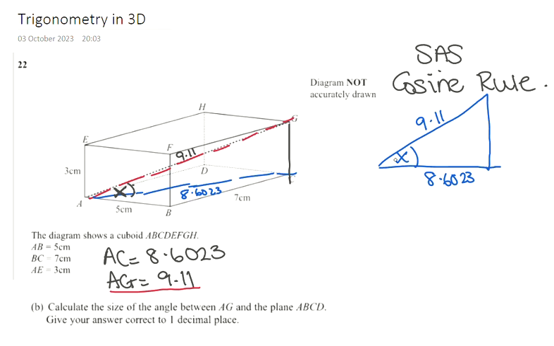So what do we know? Opposite. So we're going to label this A, B, and C, little a, little b, and little c.